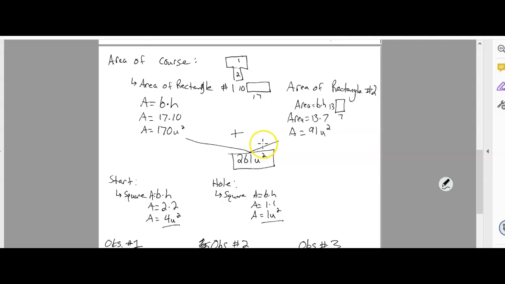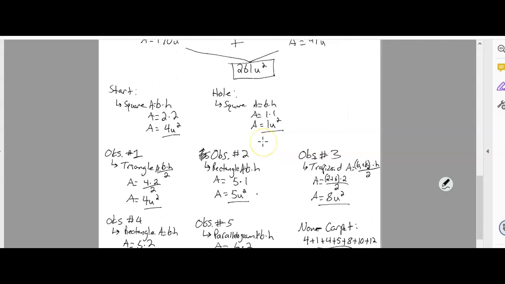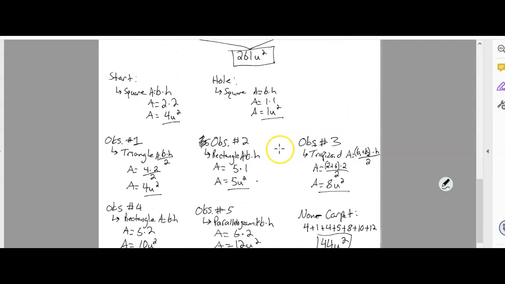Then I found the area of the places that do not need carpet. So that would be the start, the hole, and all these obstacles. Again, I did not use a square being 3 inches by 3 inches. I wrote my obstacle number 1, a triangle, I wrote the formula, I plugged numbers in, I got an answer.